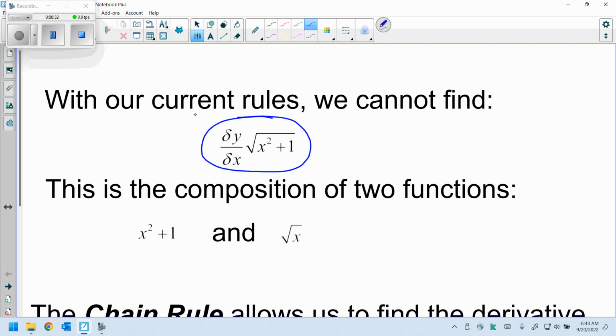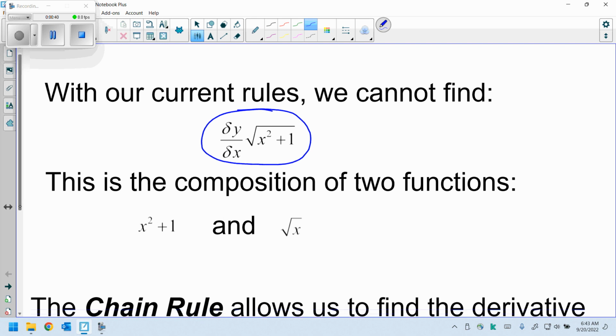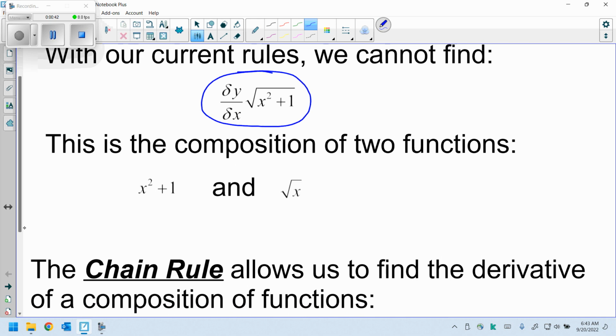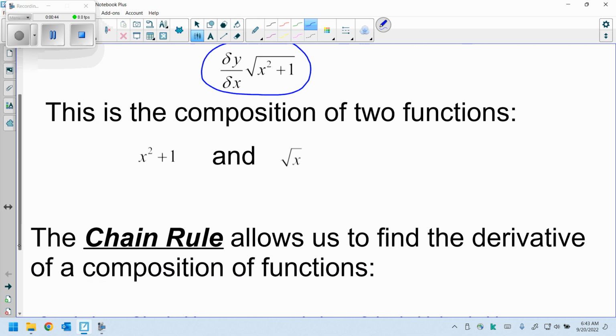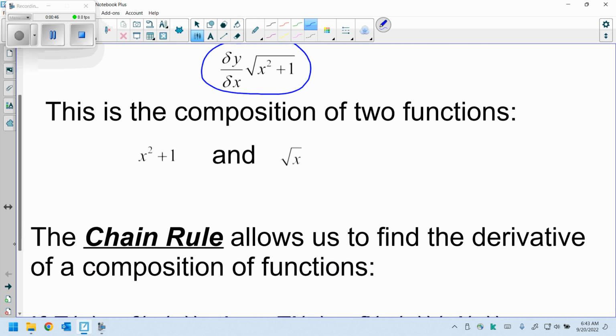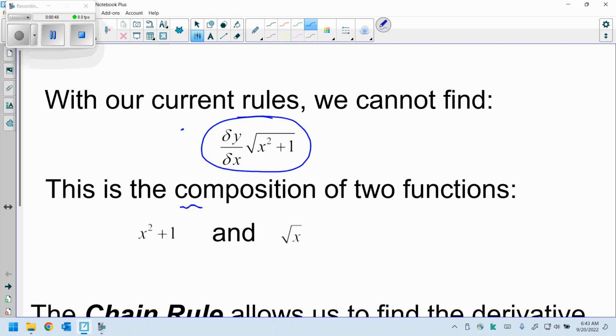Right now we don't have any tools in our toolbox to find the derivative of the square root of x squared plus 1. And the chain rule gives us the tools to find the derivative of a composition of functions.